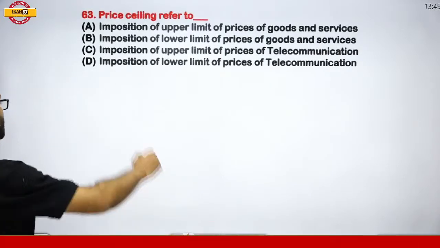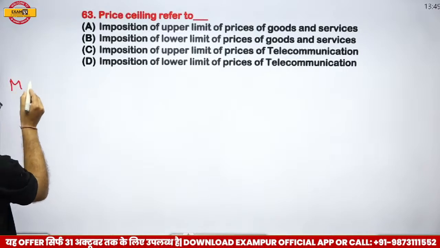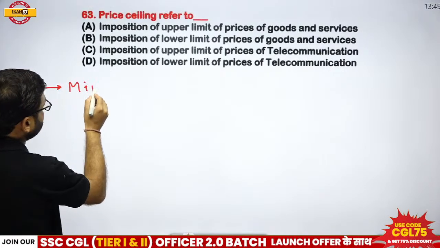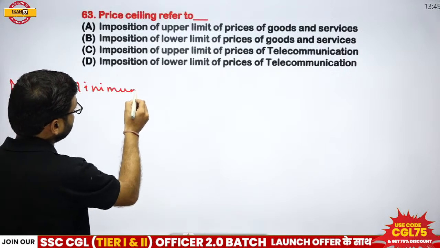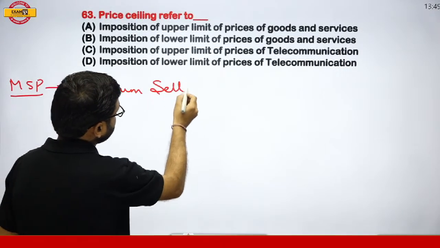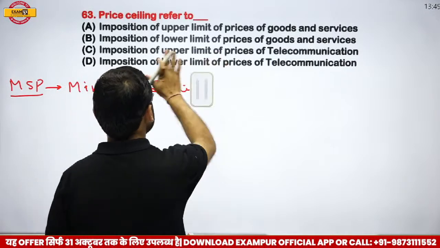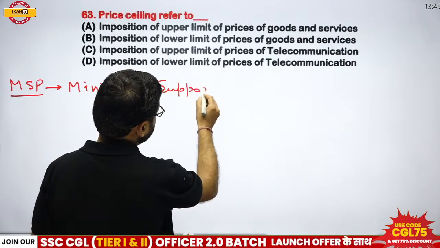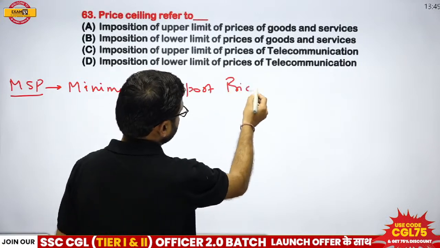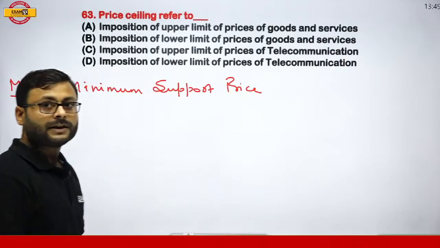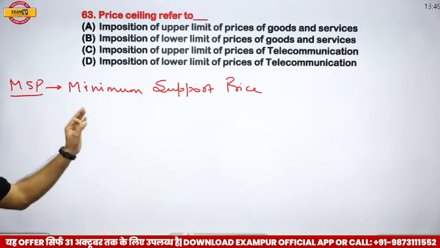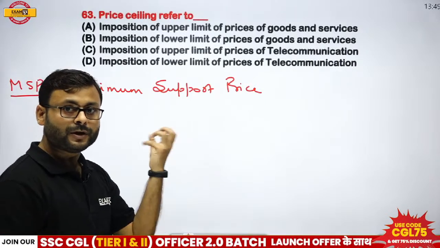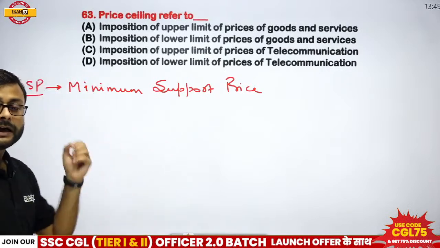Okay, you have heard about the MSP. MSP stands for minimum support price. So what is minimum support price? It is the price at which the government is ready to procure the produce of the farmers in any situation.